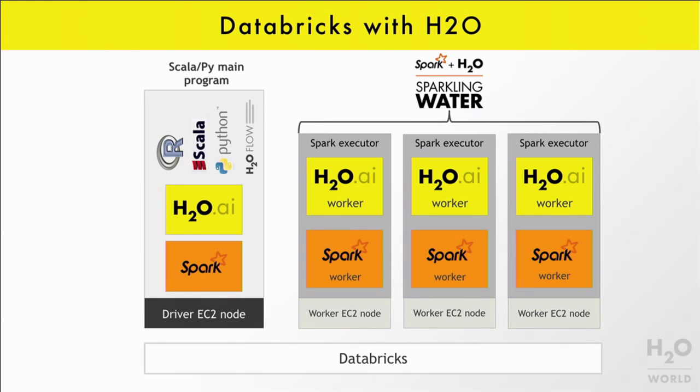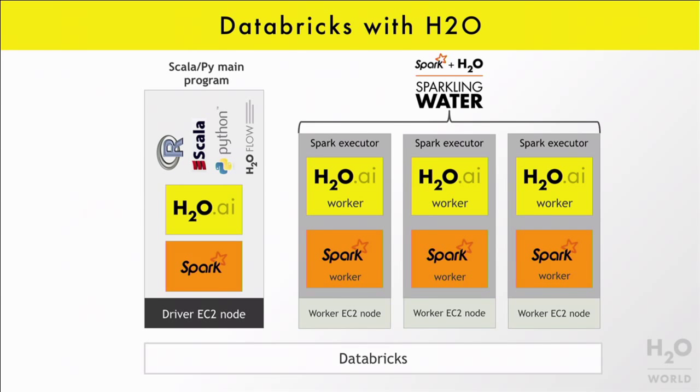Yeah. So the integration is quite straightforward. We have a running Spark cluster, which is sitting on the Databricks Platform, and now we can create what's called an H2O context. So we follow the concepts of Spark. Spark introduced Spark context, SQL context. So we introduced H2O context, and H2O context represents the state of the H2O cluster.